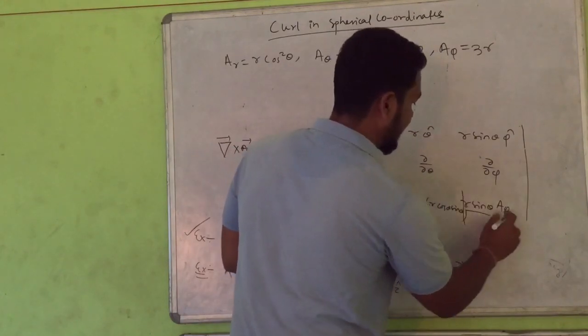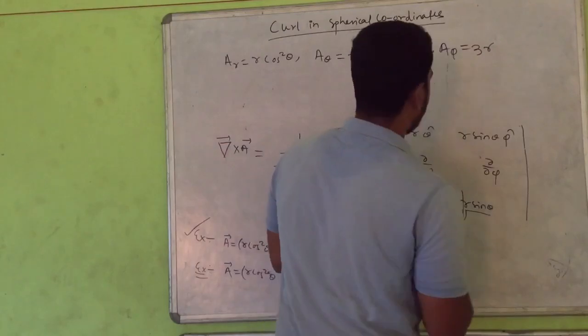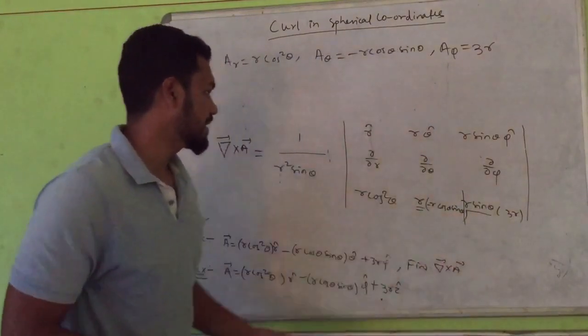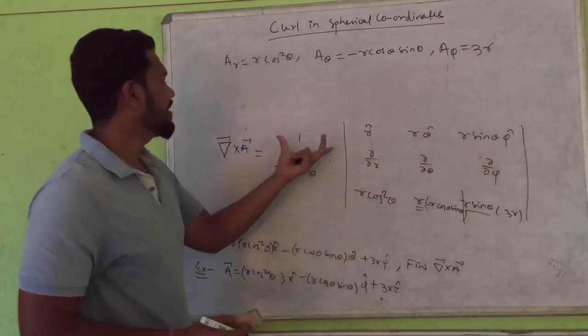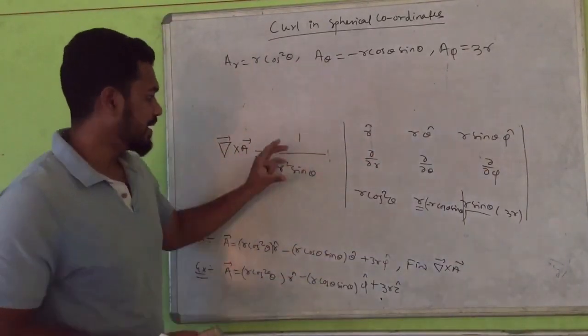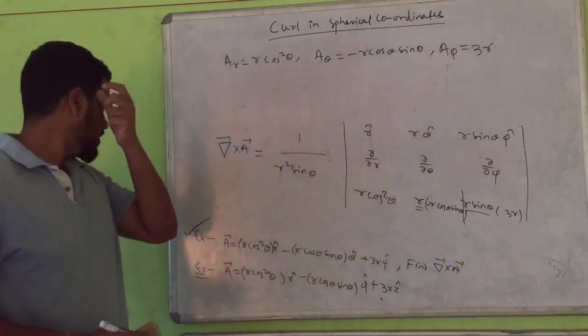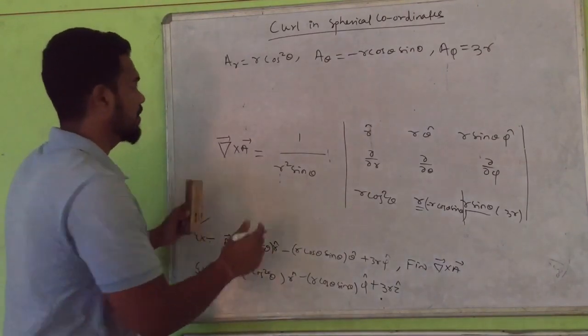Always present is r sin theta in the A_phi component, so r sin theta and in place of A_phi you can write 3r. So you have to evaluate this determinant, and finally divide by r square sin theta, and you get the curl of the given vector. Okay, so let's solve.